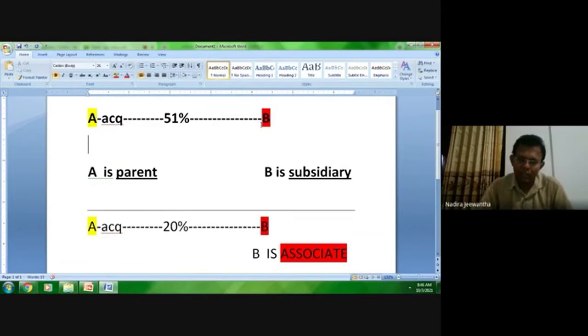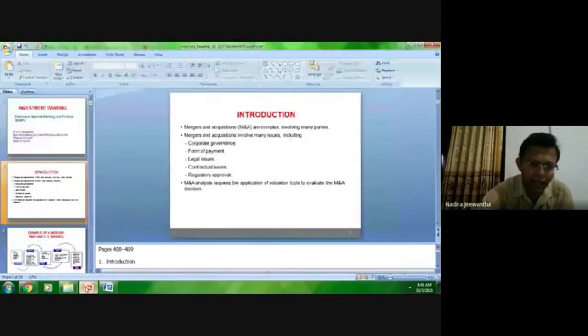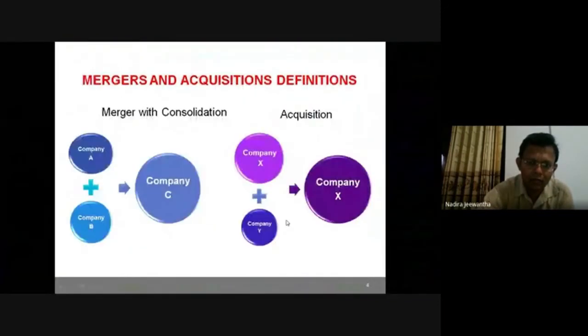Say there are two companies, A and B, and you want to merge. Merging A and B means a new company, C or whatever, is created, liquidating the existing A and B companies. Now in this diagram you can see the merger.